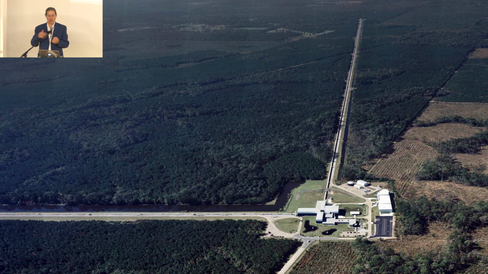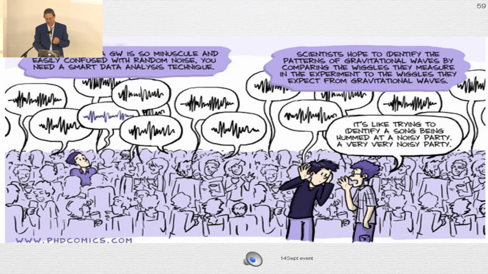The terrestrial noise happens every few seconds. And so this was something that the author of PhD Comics, which, by the way, I highly recommend to everyone in the room, a guy named Jorge Cham, described as trying to hear a song being hummed at a very, very loud cocktail party. There's just so much else going on that it drowns it out. So our project is to get the volunteers to help classify the noise so we can hear this.